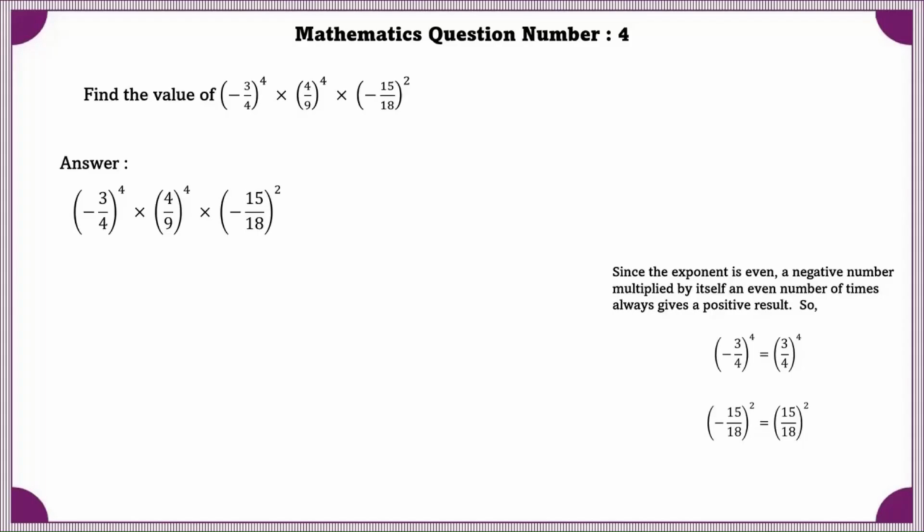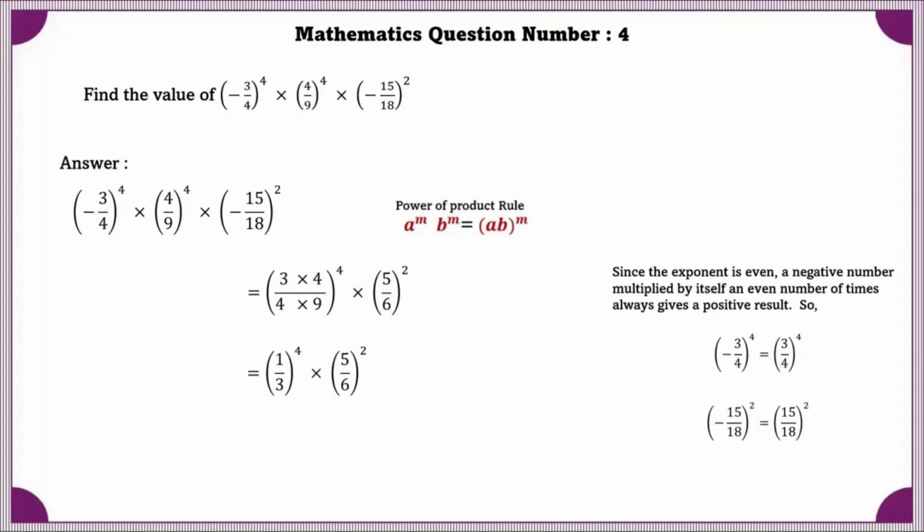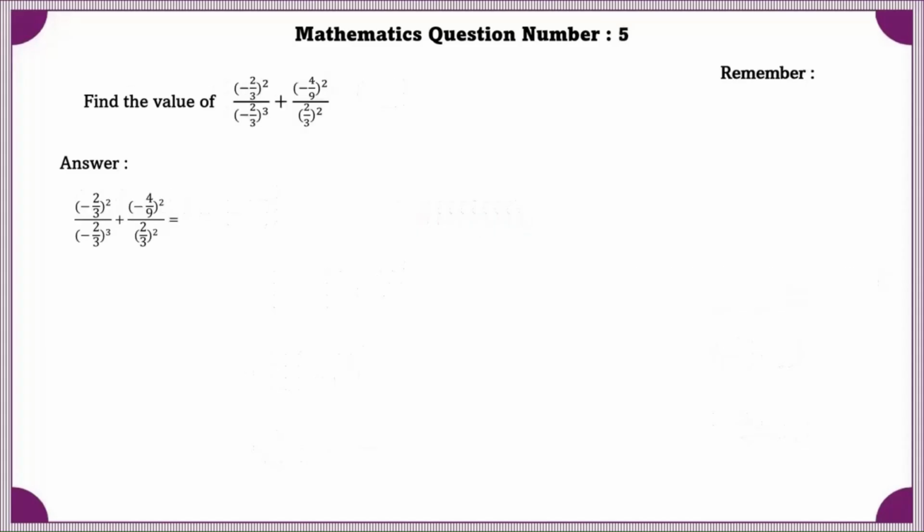Therefore, (minus 3/4) to the power 4 is the same as (3/4) to the power 4. Similarly for 15/18. Now let us use the power of product rule. Using that, we can combine the terms with the same exponent. After simplifying, we get 25/2916.